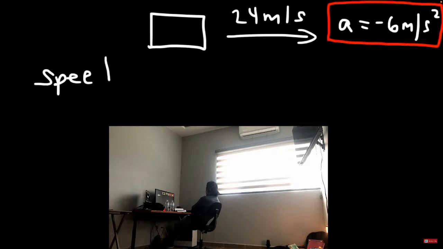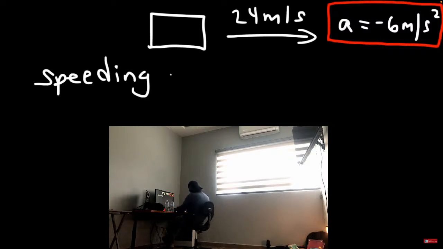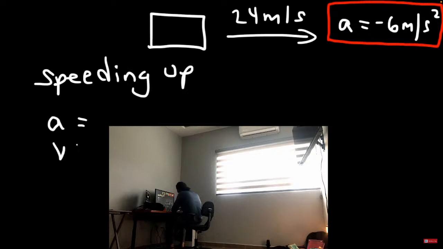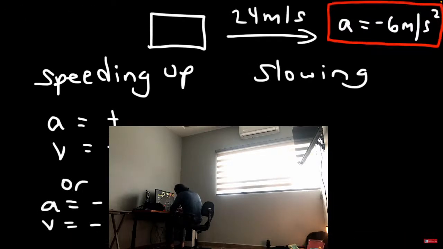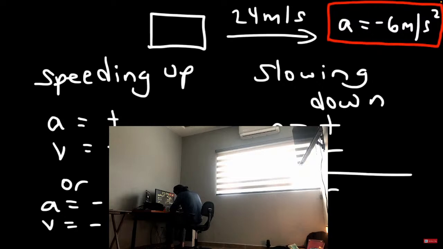The object will be speeding up, that is, the speed will be increasing, if acceleration and velocity have the same signs, if they're both positive or if they're both negative. The object will be slowing down if the acceleration and velocity have opposite signs, either positive and negative or negative and positive. And this example will illustrate that.